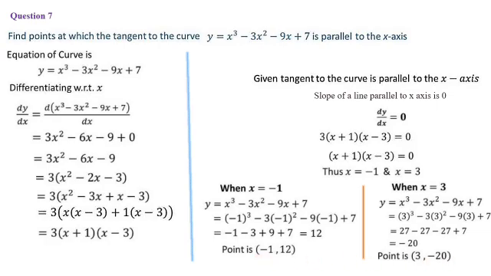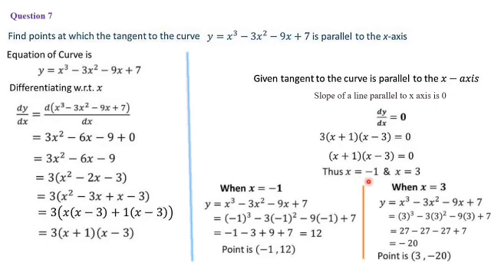Once again, to go through the process: we are asked to find the points at which the tangent to the curve is parallel to the x-axis. First of all, we found the derivative, and since the line is parallel to the x-axis, its slope is 0. Slope is 0 means dy by dx is 0. When we equate dy by dx with 0, we got x is equal to minus 1 and x is equal to 3.